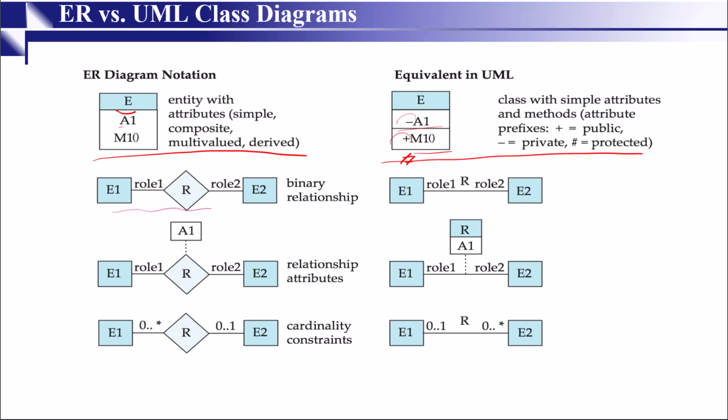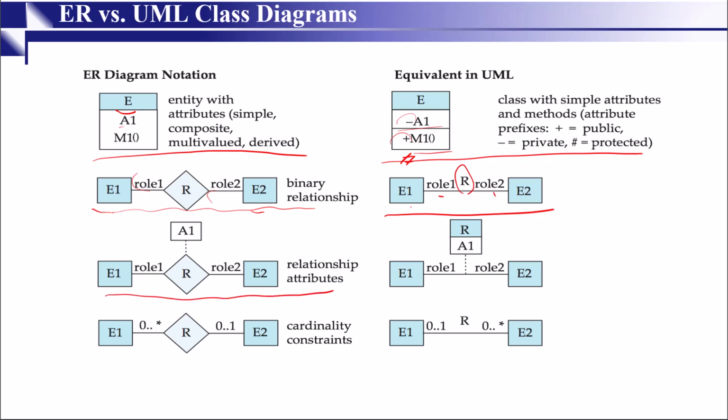Then for a binary relationship, a binary relationship R between entities E1 and E2 is depicted as a diamond with roles like role 1 and role 2 labeling the connections. But in UML, the relationship R, you can see here, is shown as a line between classes E1 and E2 with roles role 1 and role 2 at the ends of each line.